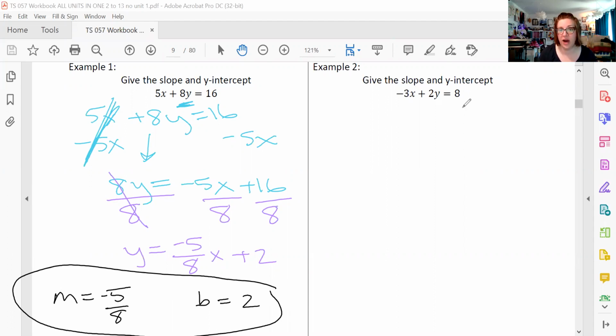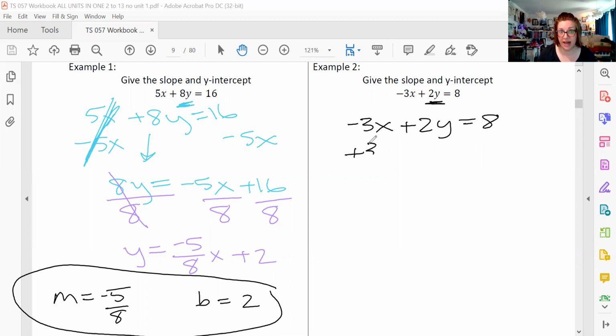Give the slope and the y-intercept of negative 3x plus 2y equals 8. See how this is in standard form? And we want to move it to that slope-intercept form, which is y equals mx plus b. So again, I'm moving everything away from the y.